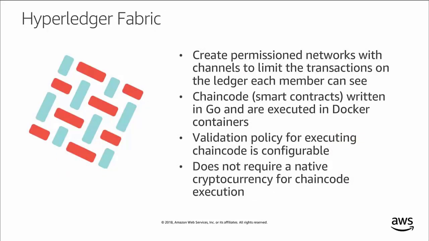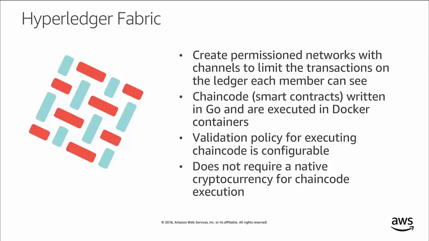So, a deeper look at the Hyperledger Fabric framework. Fabric is really meant to create permissioned networks where you know all of the entities that are in the network, and it utilizes channels, which we'll talk about a little bit later, to limit who can see what information and participate in what transactions.